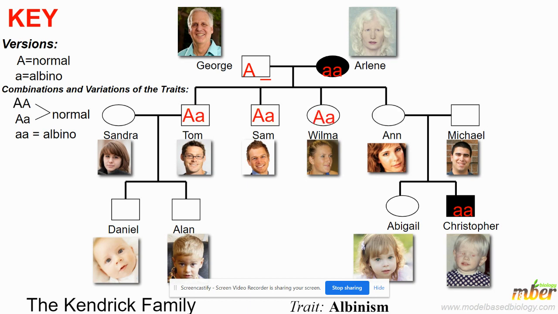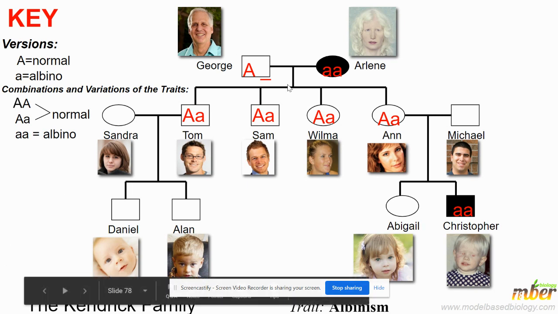So we can assume that these 3 are going to be big A, little a. Also, Anne is going to be little a little a. Based off this, I'm not 100% sure if this is what their genotype is. Otherwise, we could automatically assume that George would be big A big A for this to happen.